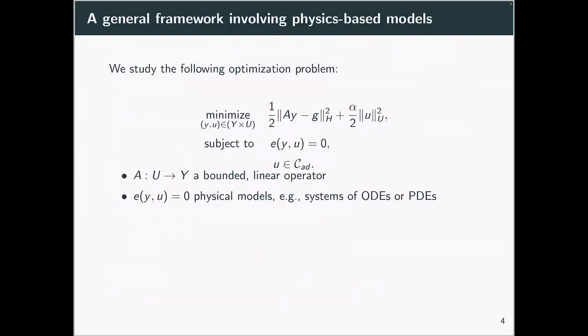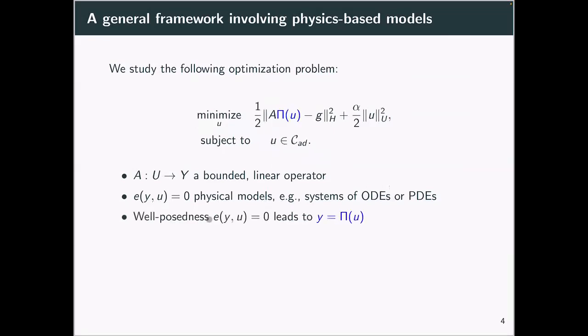Okay, so let's come back to our general optimization problem. Here, I consider the operator equation to be implicitly characterized by some partial differential equations or system of differential equations. So assume that this equation is well posed.